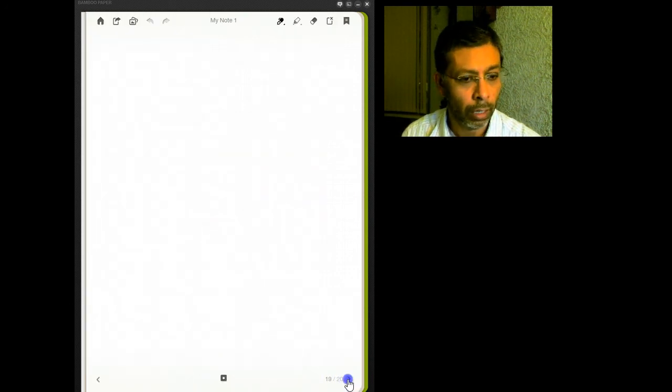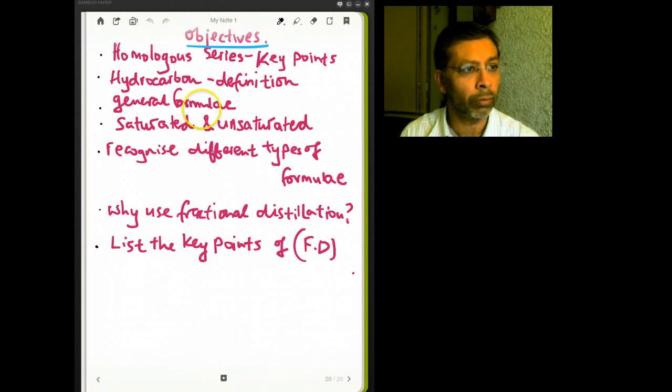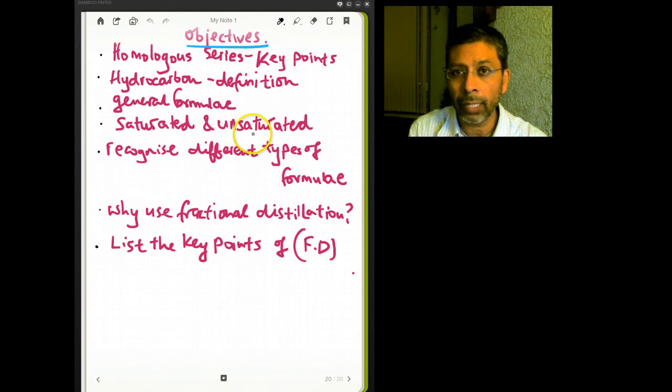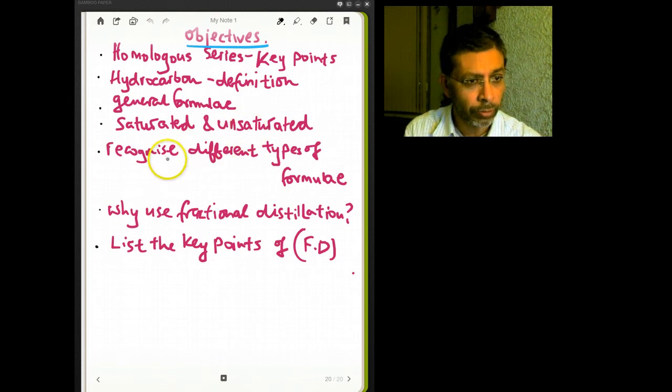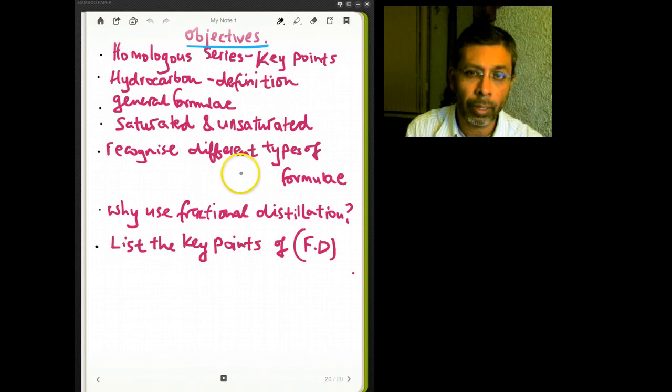Okay, alright, so what we've done then is we've looked at homologous series, the key points, hydrocarbon, definition, general formulae. We know what saturated means and unsaturated means. Look up the test for an alkene with bromine water. You may need to know that. You should be able to recognize different types of formulae: molecular, empirical, displayed, structural.